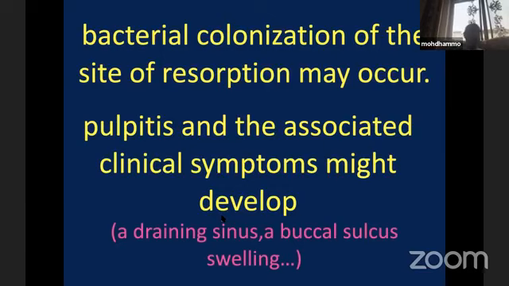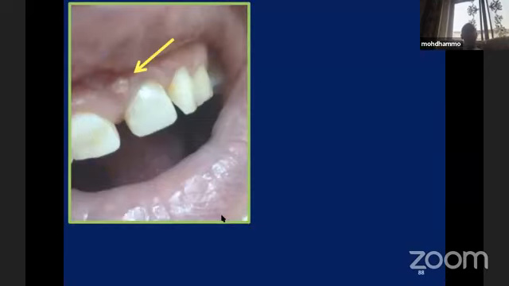Sometimes some patients might notice a draining sinus or even buccal sulcus swelling. Like this patient here, he visited me suffering from this sinus, with no pain, nothing. He just wanted to know what was happening here.